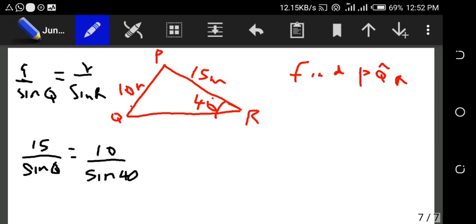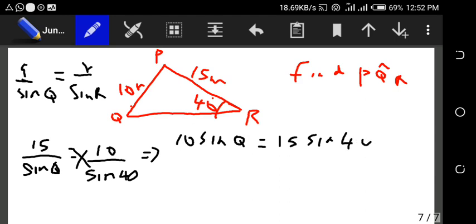Alright, so going ahead, we'll cross multiply. So cross multiplying now, that will mean that 10 sine Q is equal to 15 sine 40.